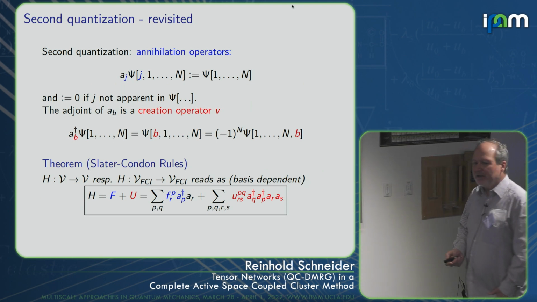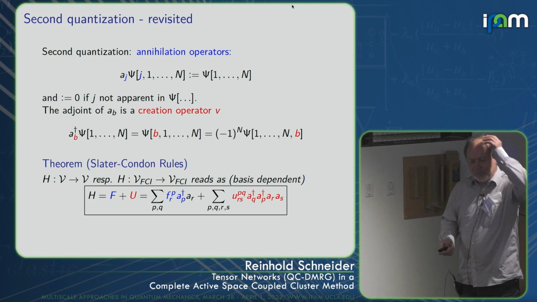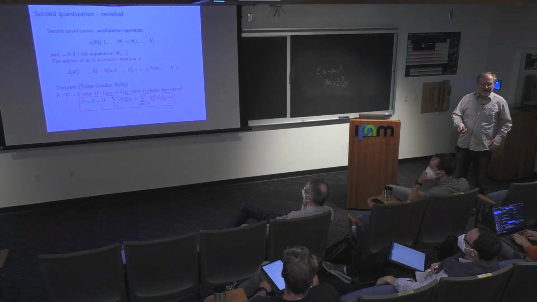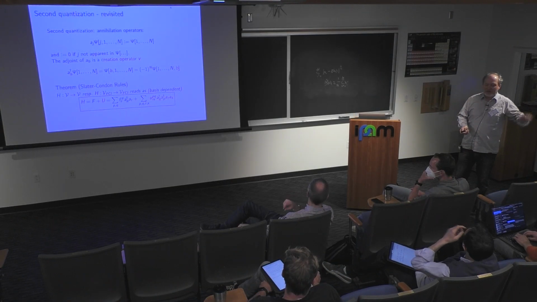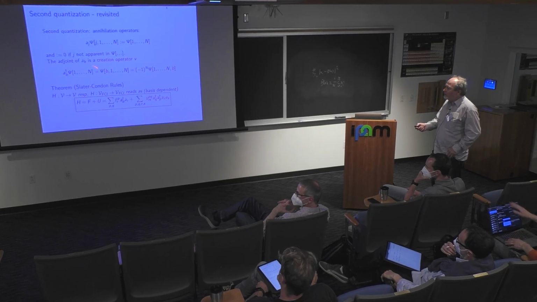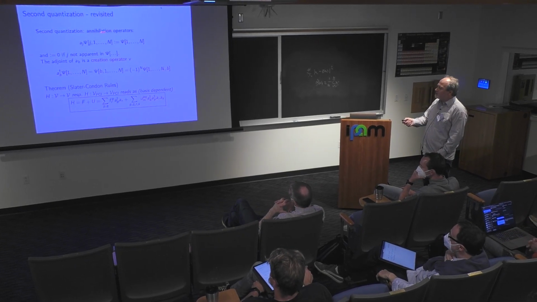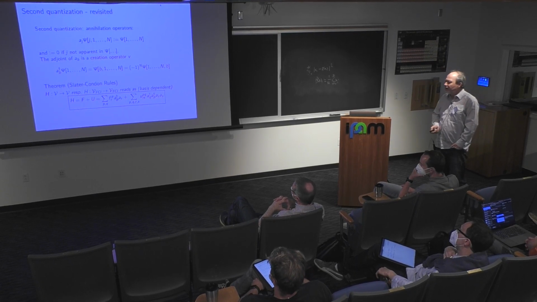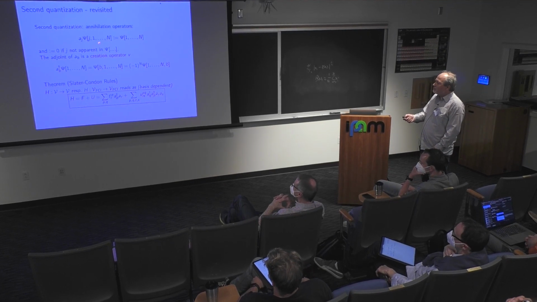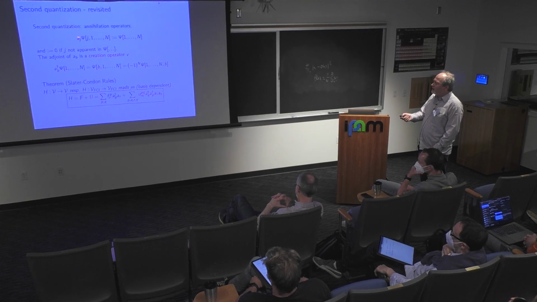So let me explain coupled cluster in a few minutes. I already heard that there was a tutorial, and so I think you are a little bit familiar with coupled cluster. So I start with the textbook definition of annihilation and creation operators. How do we define these operators?